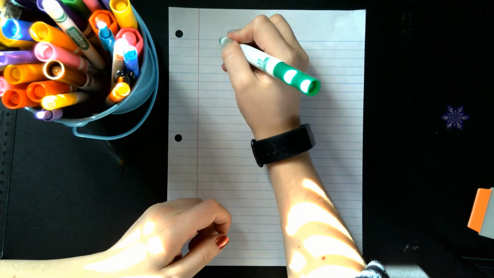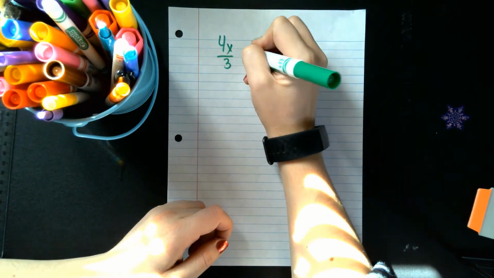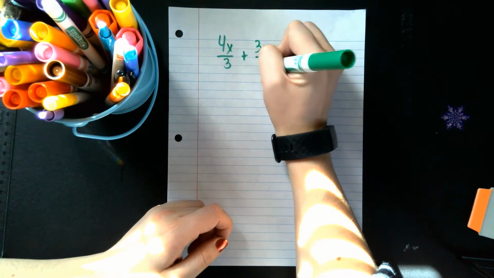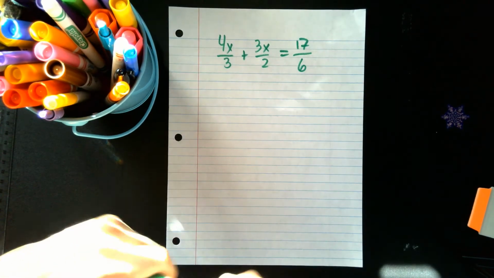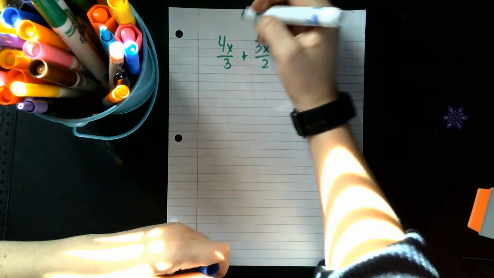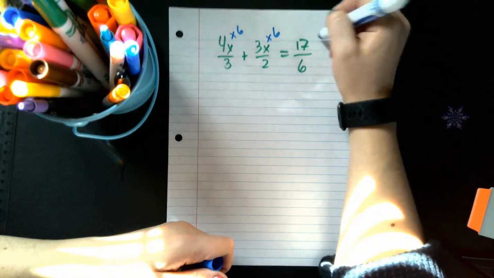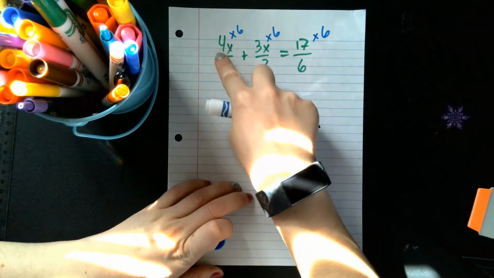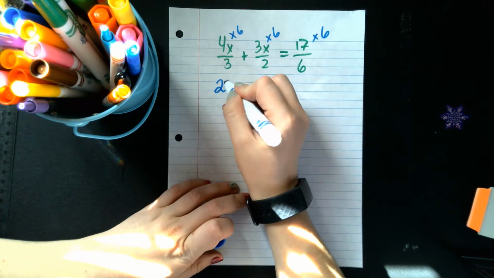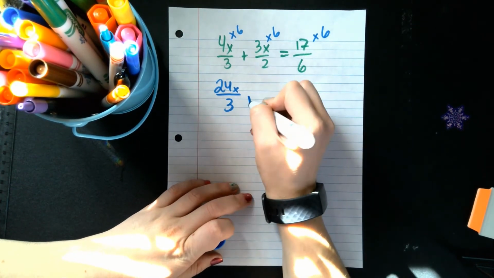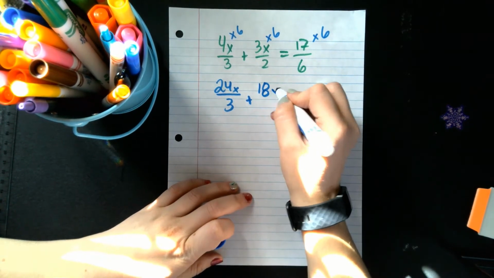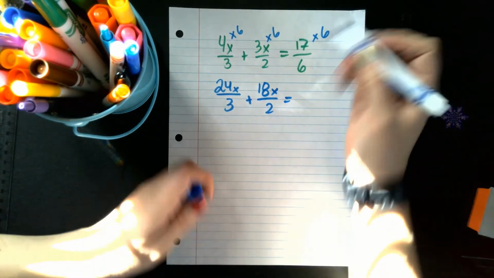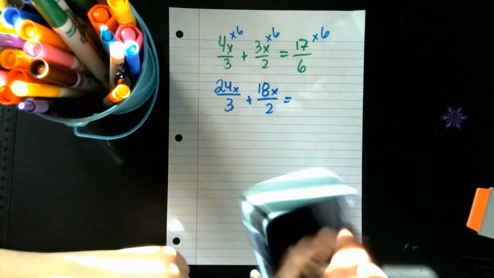Let's get started. So we have 4x over 3 plus 3x over 2 equals 17 over 6. Where we left off was I'm multiplying everything by 6. So 4 times 6 is 24x over 3, plus 3 times 6 is 18x over 2. 17 times 6, I'm going to need a calculator because I'd like to say I'm a genius.